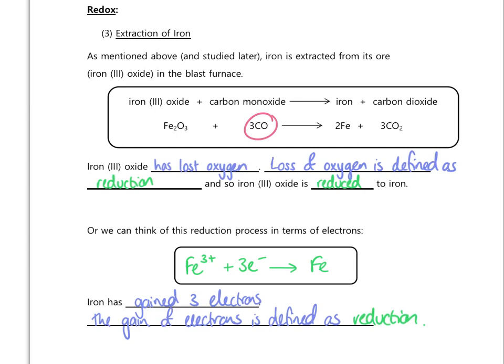So if carbon monoxide gains one more oxygen, then it will become carbon dioxide. So look at what is happening in this reaction in terms of carbon monoxide. It is gaining oxygen. And we know that the gain of oxygen is defined as oxidation. So while iron oxide is reduced to iron, carbon monoxide is being oxidized to carbon dioxide.